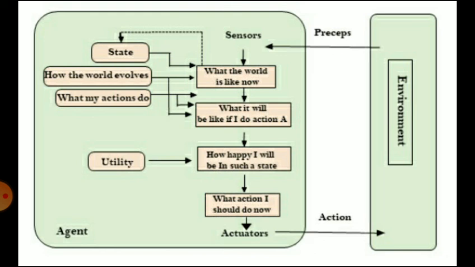Then after taking an action, whether the agent is happy or unhappy, that will be considered. So that is called the utility based agent. It focuses on utility, not the goal state.